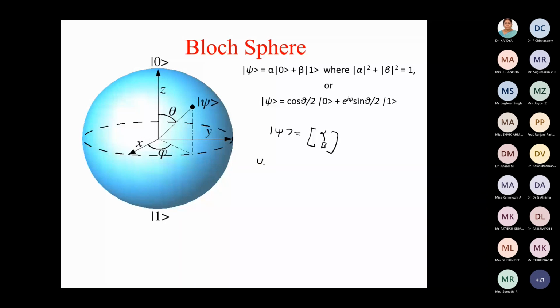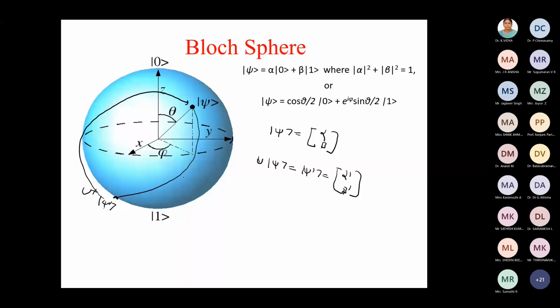If I apply some operator U or quantum gate U on this state psi, and my state becomes psi dash, which I denote as alpha dash beta dash, then maybe it is taking it to some other point. So let's call it psi dash. And if I apply U dagger, or the inverse of U, on this psi dash, then we again bring it back to psi.